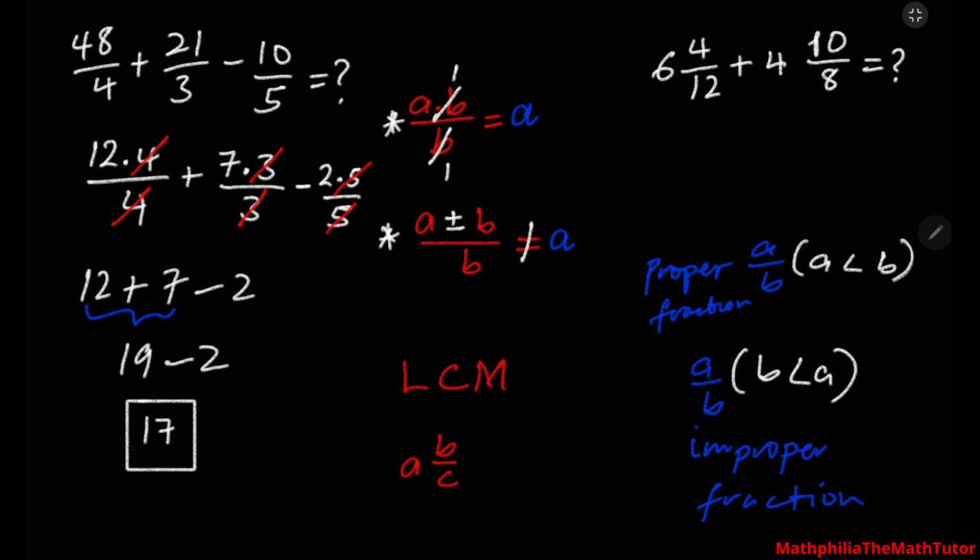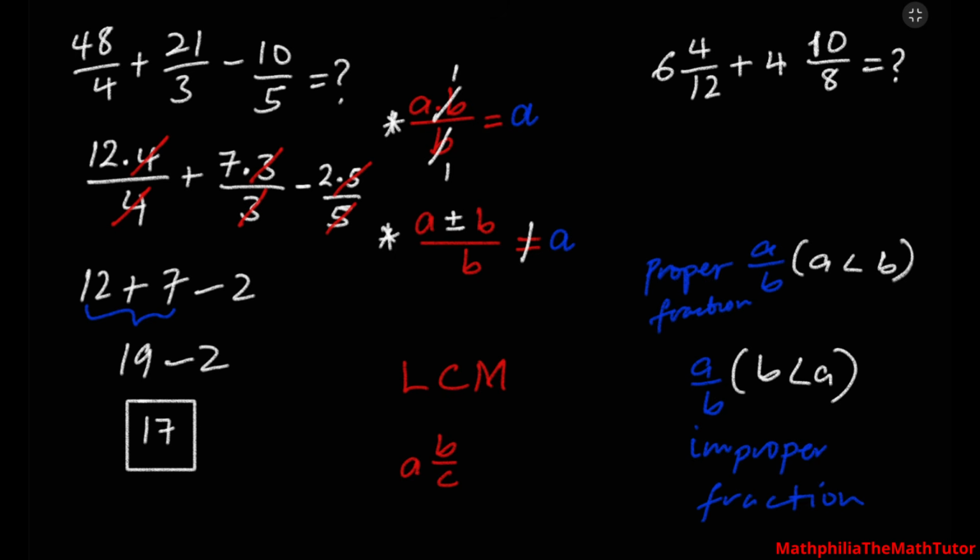Like in the examples that we solved so far, we were dealing with improper fractions, because the numerators are always bigger. 48 is bigger than 8, 21 is bigger than 3, and 10 is bigger than 5. So in all the examples we solved so far, they are improper fractions.